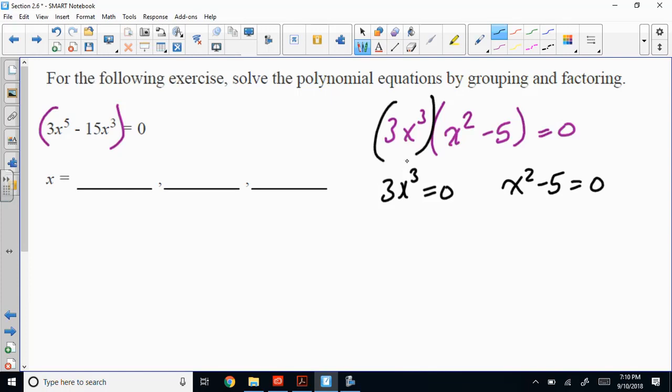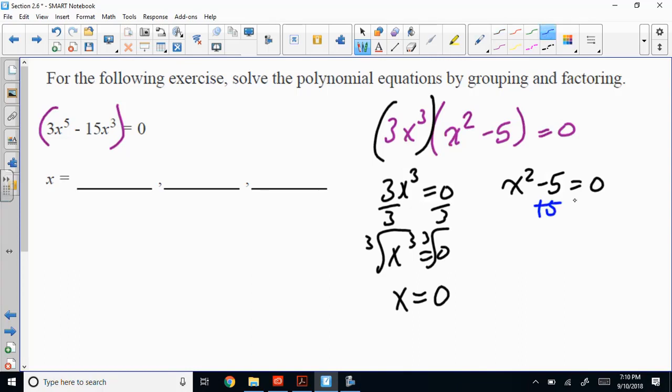Both of these are factors, are they not? All right, so divide by 3. So x cubed equals 0. Take the cube root. Folks, 0 is a root, right? All right, so now we just got to worry about this other side over here. Add 5 to both sides. X squared equals 5.